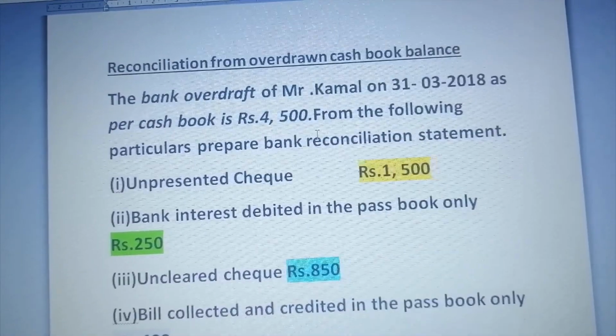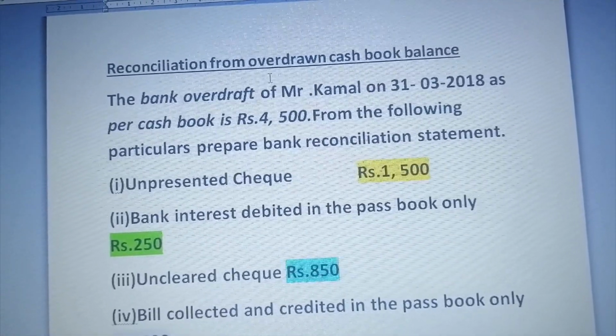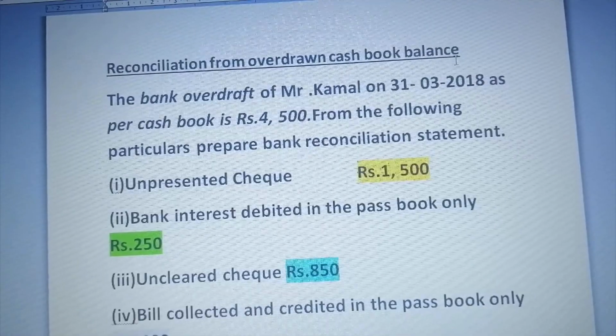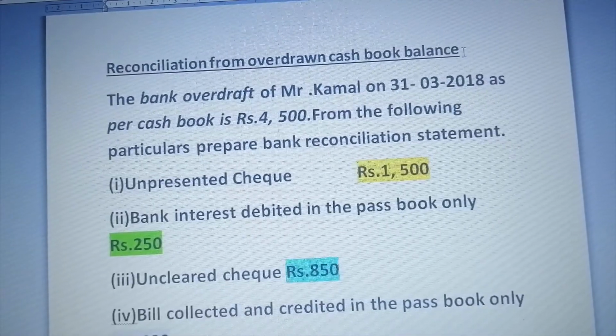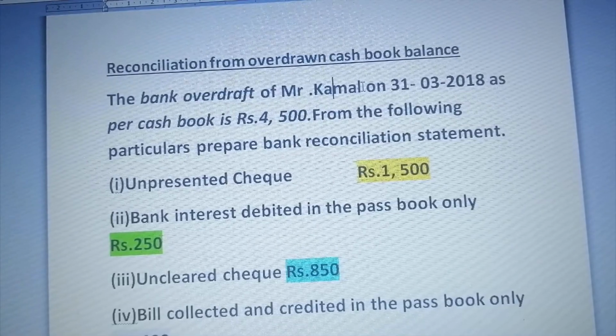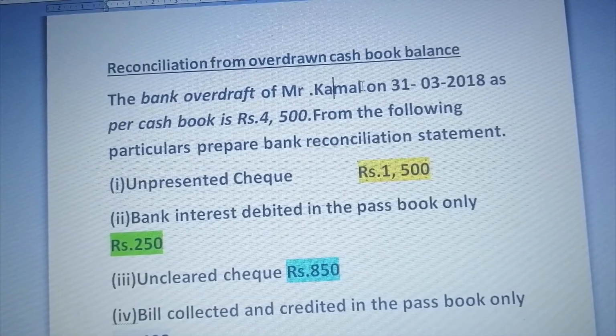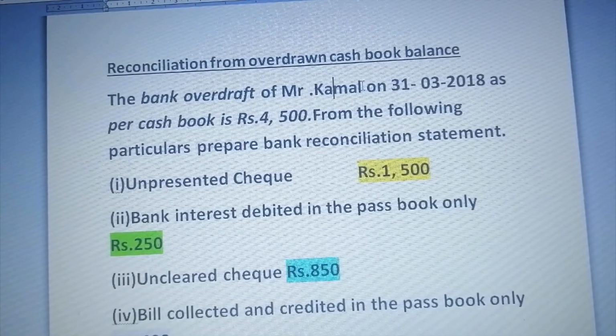Let's try to do this sum in unfavorable balance method. Here we have taken the overdrawn cash book balance, that is overdraft of cash book. Overdraft means when a customer withdraws excess amount rather than what he has deposited into the account. In such a situation, his account always shows a negative balance. This is what? An unfavorable balance. Okay.